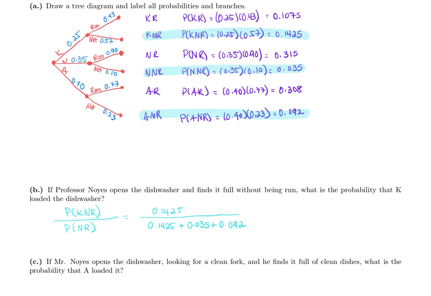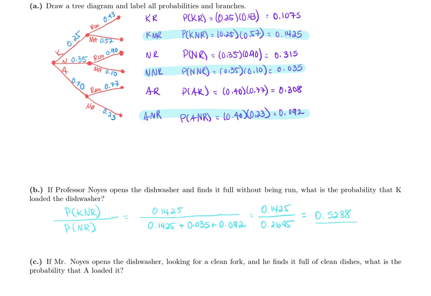So it turns out that it's not quite as simple as we might have thought. But here we end up with 0.1425 divided by 0.2695, or 0.5288.